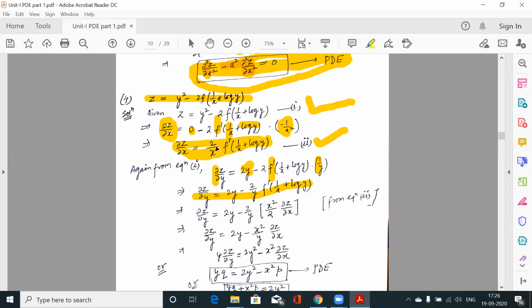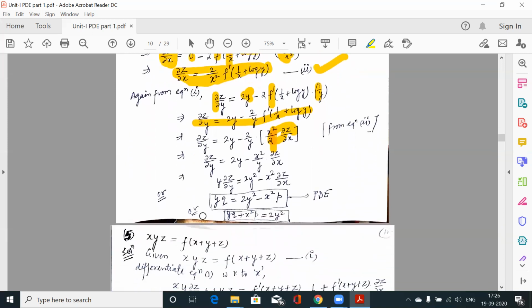So what is the f dash value from here? This is del z over del x, and 2 by x square will go to this side, so x square by 2. So x square by 2 into del z over del x is the value of f dash from equation 2. We have substituted the f dash value here. Now we just have to simplify. So del z over del y is equal to 2y minus this.